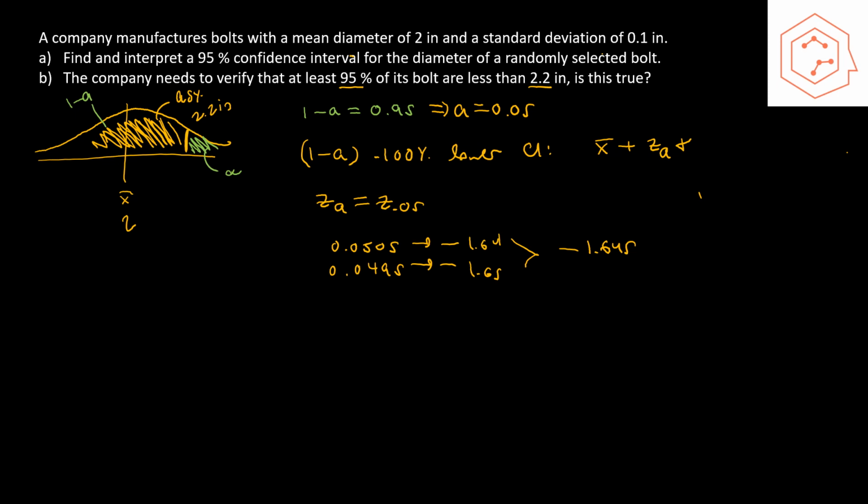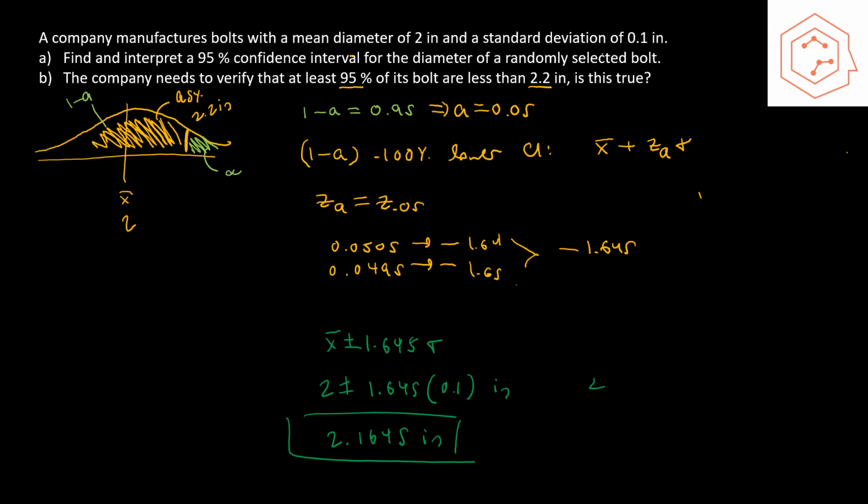Likewise, the area above a z-score of positive 1.645 is also equal to 0.05. So our confidence interval is going to be our mean plus 1.645 times the standard deviation, which is equal to 2 inches plus 1.645 times 0.1 inches, which is equal to 2.1645 inches.